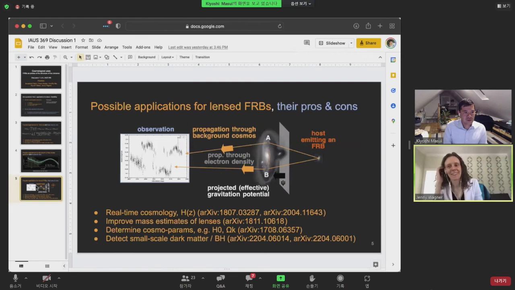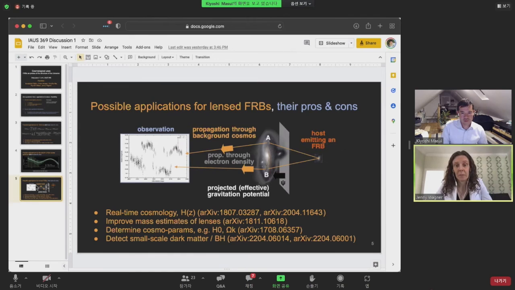Yeah, I guess it's my slide, right? So I'm actually working on strong gravitational lensing, and I think that FRBs also have a really good advantage here to break degeneracies, because I think that the best application for cosmology is to use FRBs to break degeneracies. And we used it in our own research to improve the estimates of galaxy cluster masses.